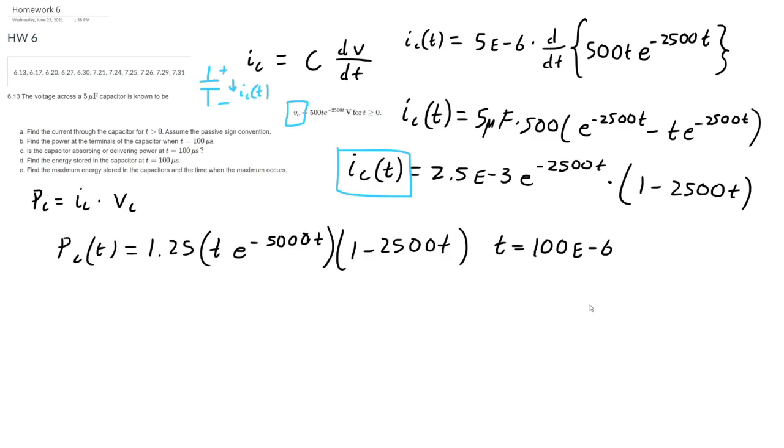You end up with 5.68 e to the minus 5 watts, which equals approximately 56 microwatts.